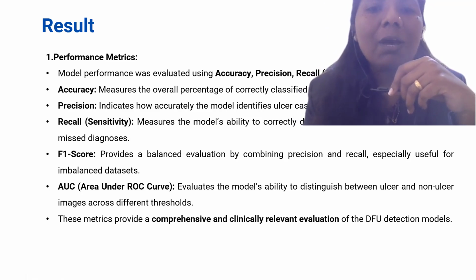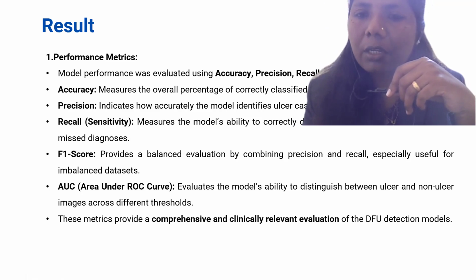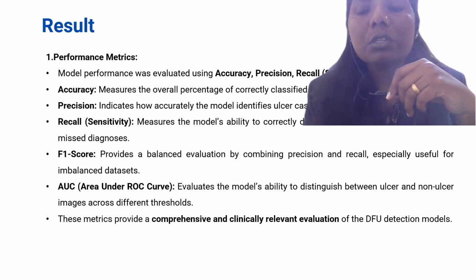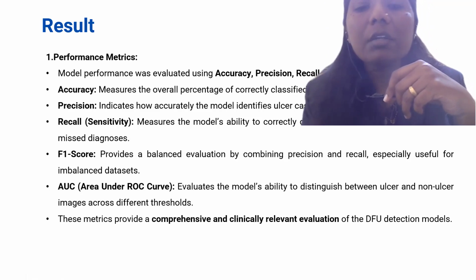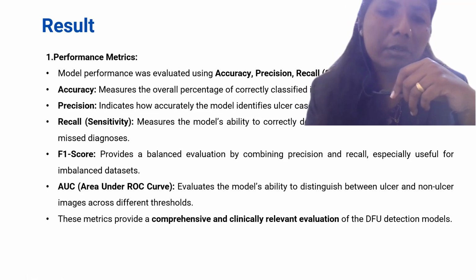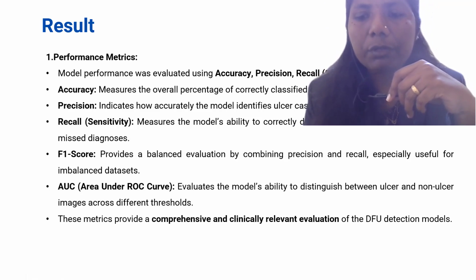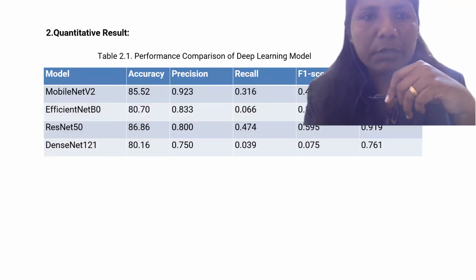F1 score provides a balanced evaluation combining precision and recall, especially useful for imbalanced datasets. AUC, area under the ROC curve, evaluates the model's ability to distinguish between ulcer and non-ulcer images across different thresholds. These metrics provide a comprehensive and clinically relevant evaluation of diabetic foot ulcer detection models.